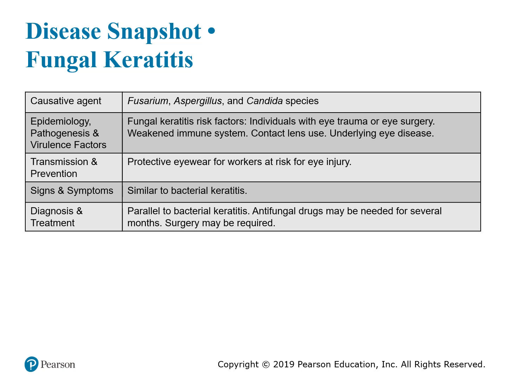With these infections, it's usually due to some sort of eye trauma or weakened immune system or contact lens use. The symptoms are similar to bacterial keratitis. You can use antifungal medications to help treat these infections, but it can take a while to heal, and occasionally surgery might be warranted.